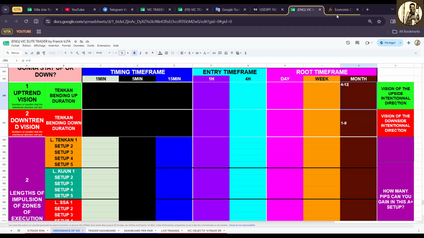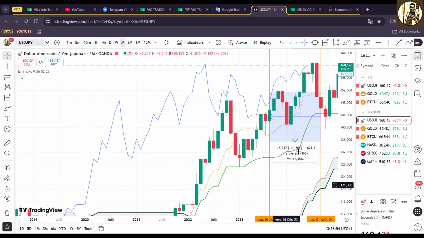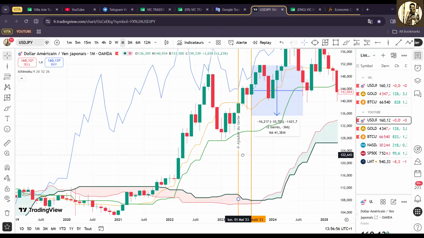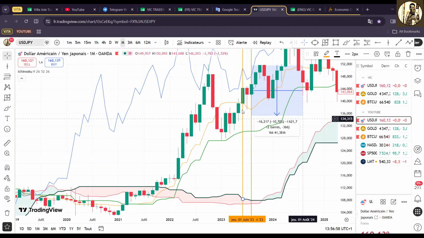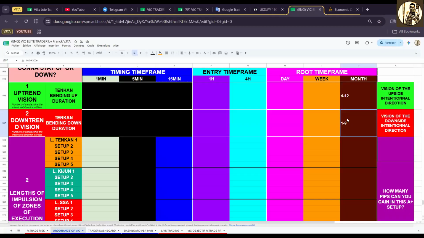That is 12. After that we have 2 bars for the downtrend.